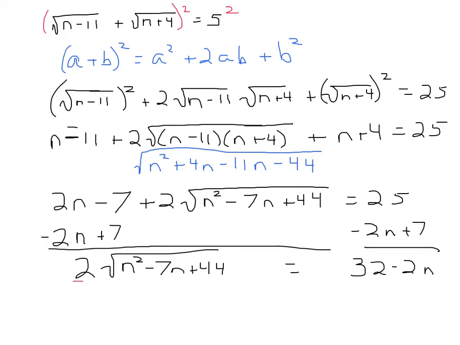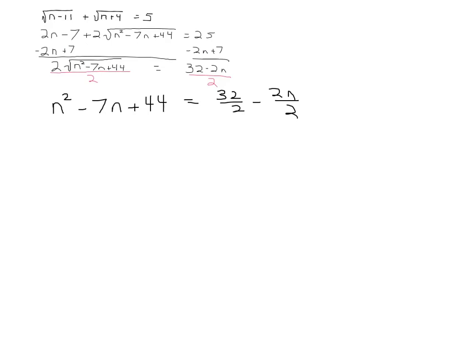So our next job is to get rid of that 2 by dividing both sides by 2. That leaves us with the square root of n squared minus 7n plus 44 on the left. On the right, it leaves us with 32 over 2 minus 2n over 2.